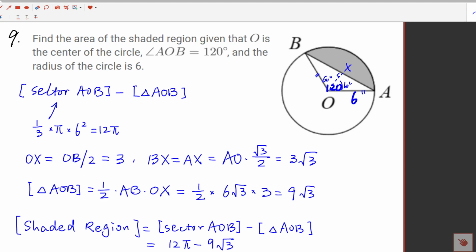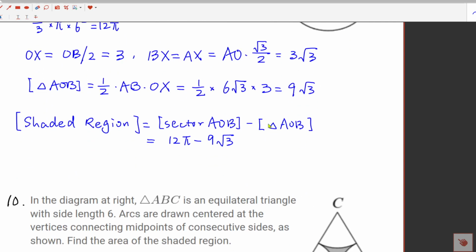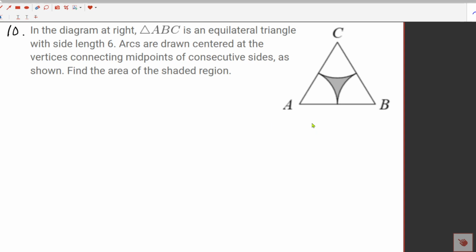Okay, then let's have a look at question number 10. In the diagram at right, triangle ABC is an equilateral triangle with side length 6. So this length here is 6. Arcs are drawn centered at the vertices connecting midpoints of consecutive sides as shown. Find the area of the shaded region.